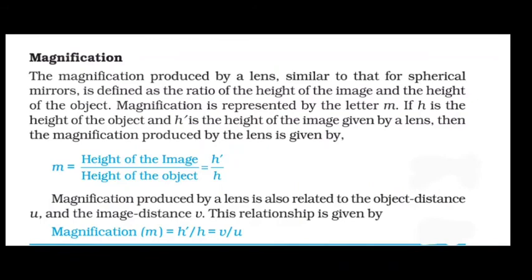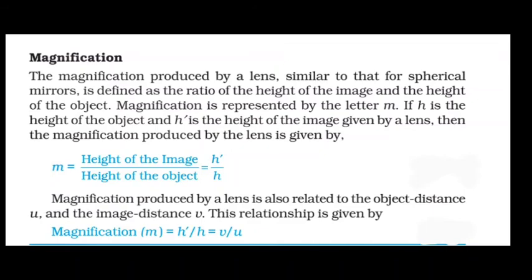Now, magnification. The magnification produced by a lens, similar to that for spherical mirrors, is defined as the ratio of the height of the image to the height of the object. Magnification is represented by the letter small m. If h is the height of the object and h dash is the height of the image given by the lens, then m is equal to h dash upon h.